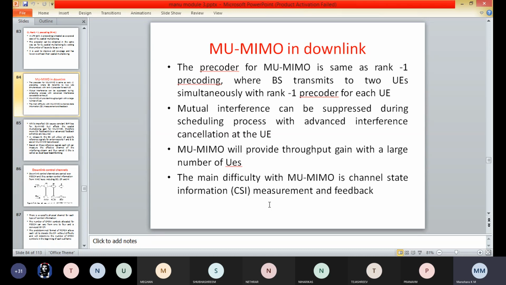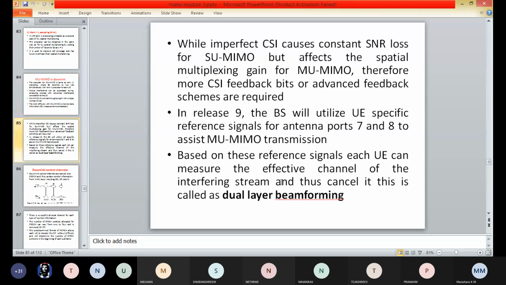The reference signals on these two ports are precoded with the precoding vectors for the two scheduled user equipments respectively. Based on these reference signals, each user equipment can explicitly measure the effective channel of the interfering stream and thus cancel it. Hence it is called dual layer beamforming.